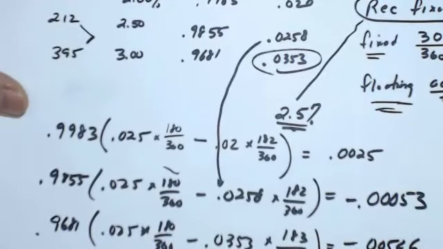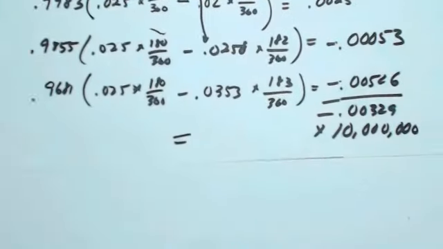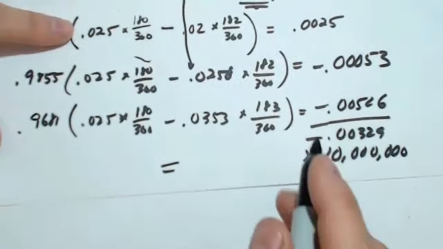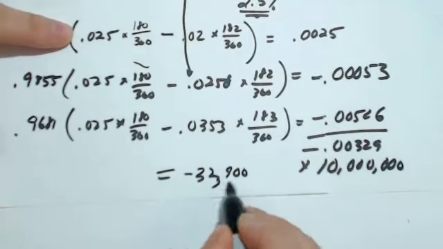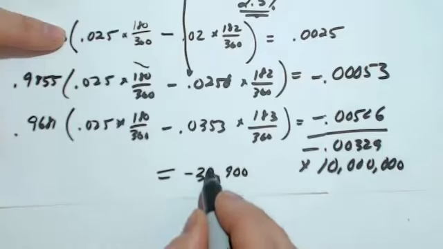Add this up, multiply by 10 million, the notional value, and we get a value for this swap as minus $32,900.